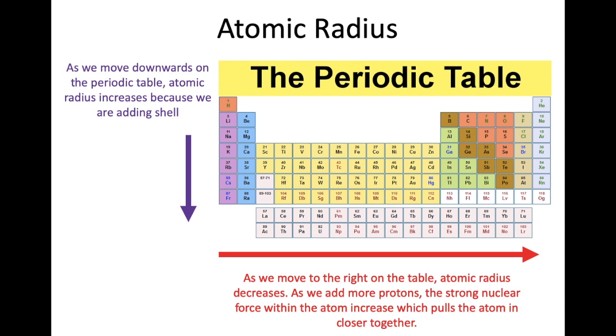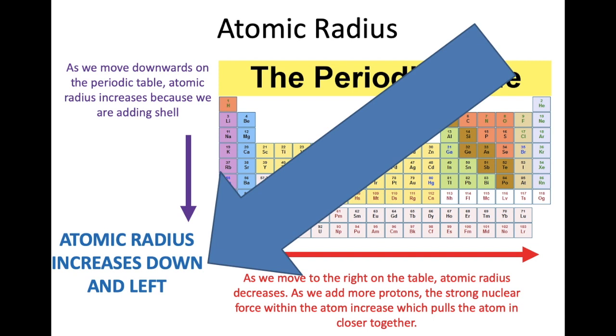When we're adding more protons, this has to do on a chemical level with the strong nuclear force. The more protons there are, the tighter it hugs in those electrons closer to the nucleus, and the smaller the atom is. This means that atomic radius increases down and to the left on the periodic table.